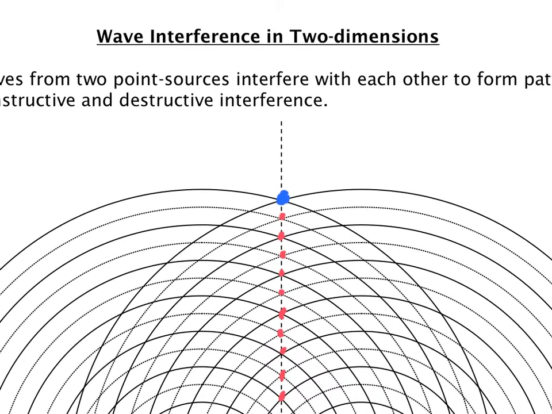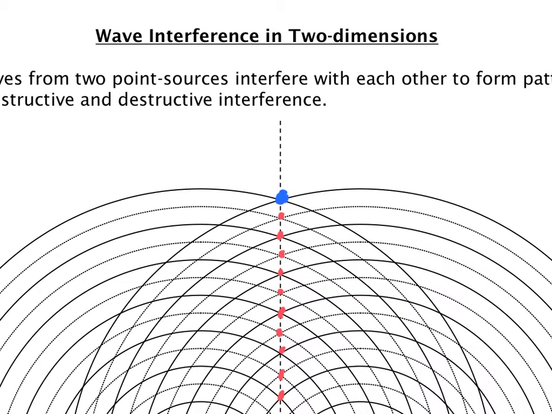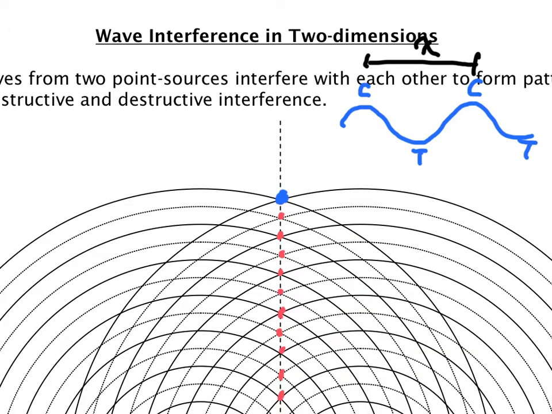As a quick review from last year's grade 11 course, you may recall that if I were to draw a transverse wave like this, these over here are your crests and this over here would be your trough. The distance from one crest to another crest is the same thing as a wavelength, and that happens to be the exact same distance from one trough to another trough, which would make that a wavelength as well.